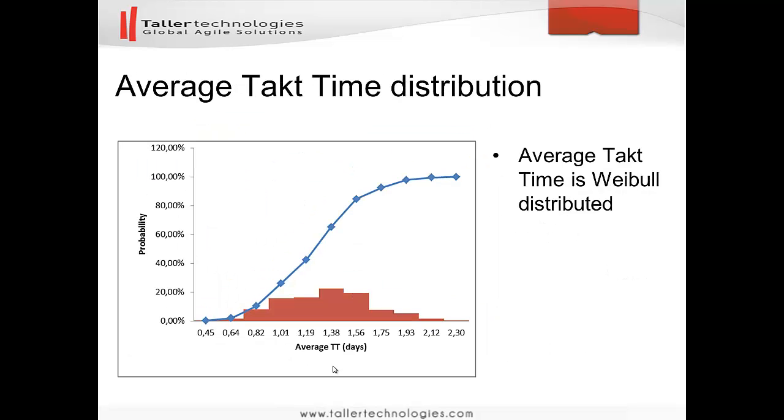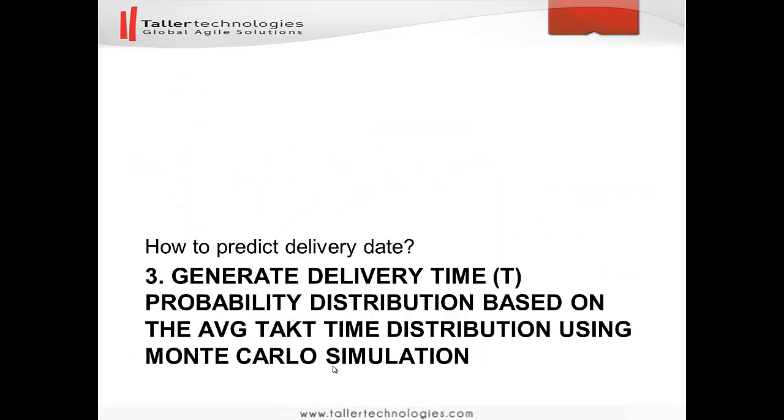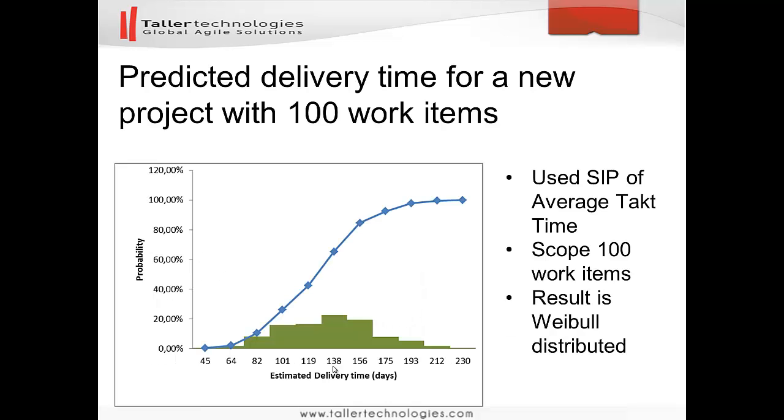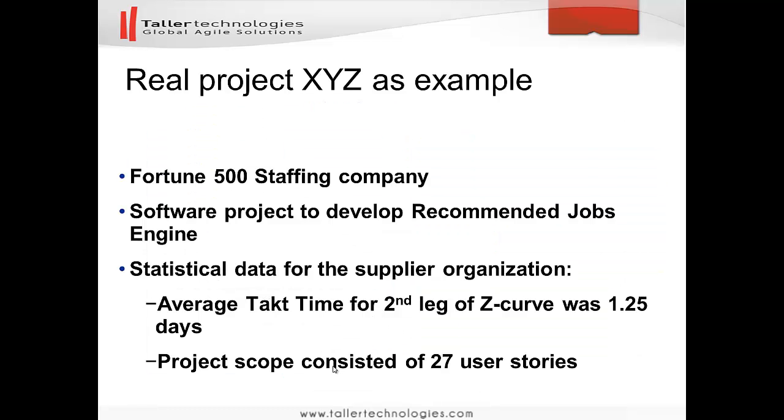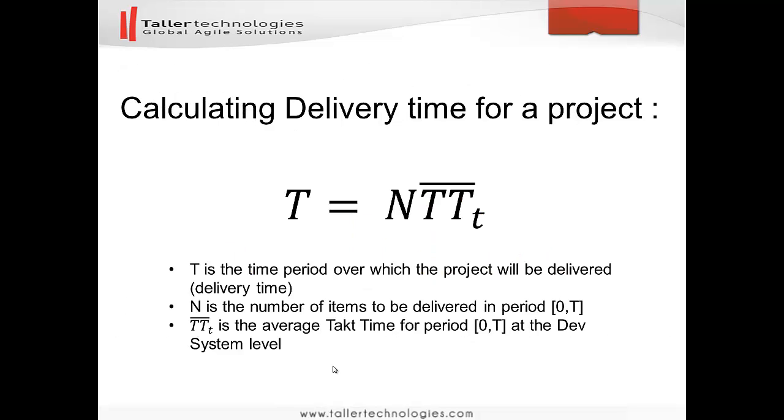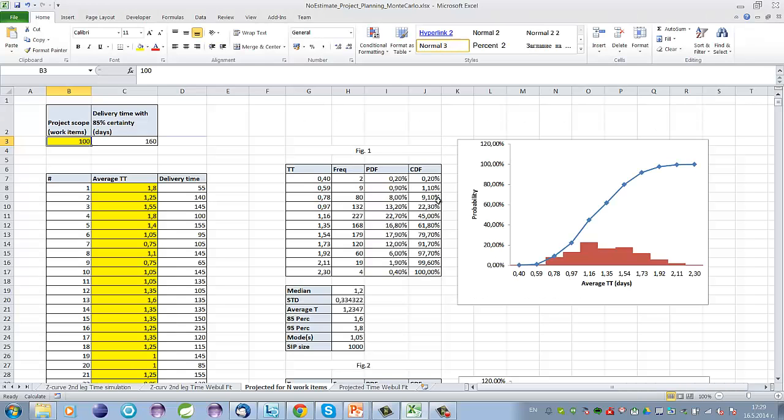Yeah, the historical time data. Yeah, so we are here, generate delivery time probability distribution, and this is the result. And the formula, just to recall, is as follows. This is how we calculate delivery time for a project. We take the number of work items n and the average takt time tt, and we calculate the delivery time.